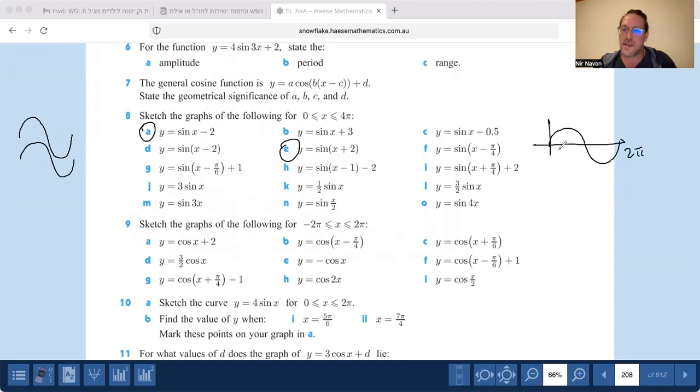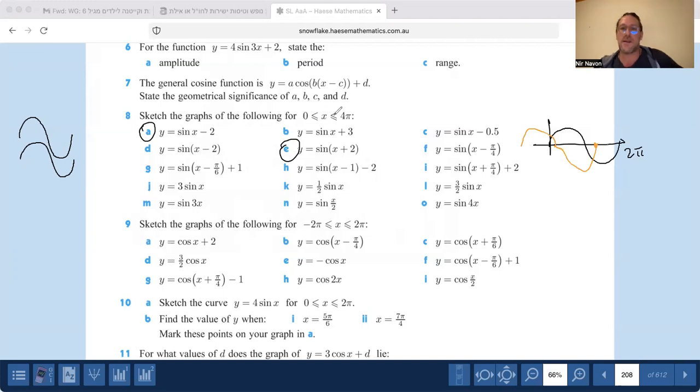So I know sine x has period 2π, but here it's a horizontal translation to the left. So 2π is 6.28, so that would be 4.28. So it will look something like that.